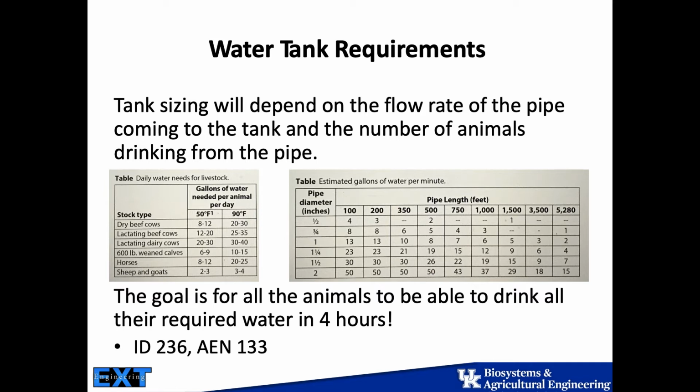Otherwise, some of those weaker animals won't drink the volume of water that they need. So we really want to make sure we have enough water available for all of those animals to get their drinks in on those temporary watering systems. It is really important that we do that to get the gain on all the animals, or the maintenance energy for all those cows, if that's what we have on our farms.